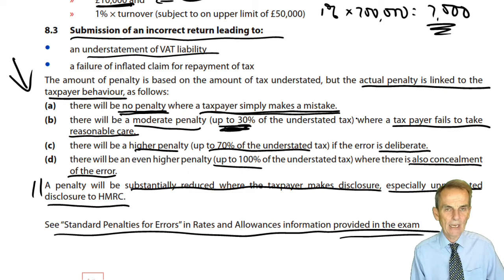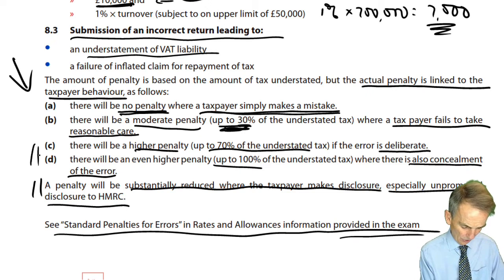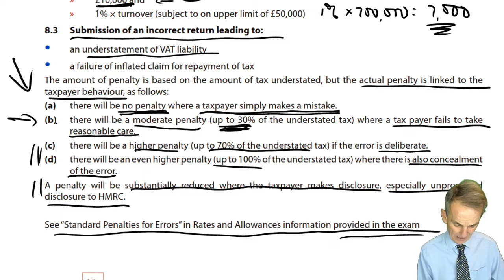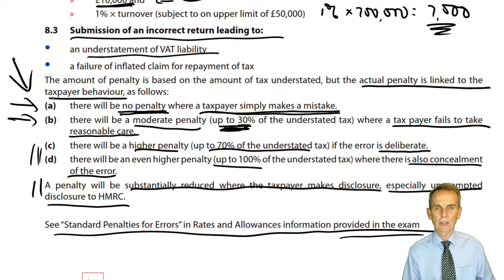Again, it will be down to HMRC to make that particular judgment. So these two shouldn't be a problem, and worst case scenario it would be up to 30%. That is likely to be reduced because of the unprompted disclosure, and if they agree that it's simply due to a mistake, then no penalty will arise either.